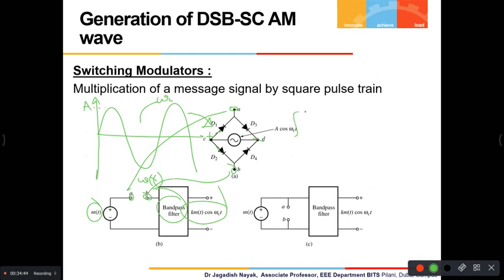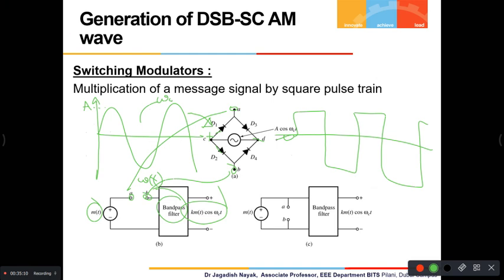You have to get something like this. And if you represent this in the form of a Fourier series, how do you convert this signal into a pulse?